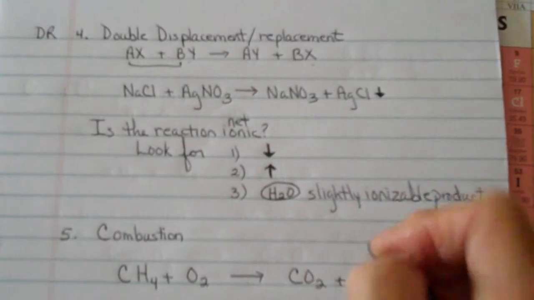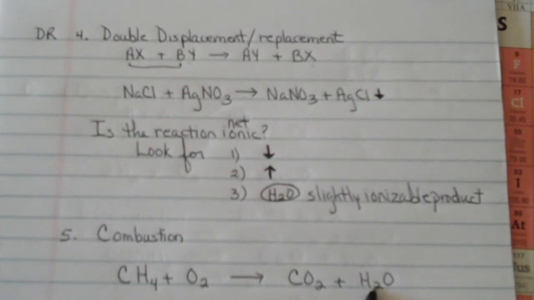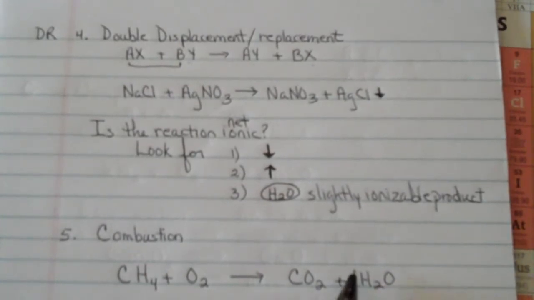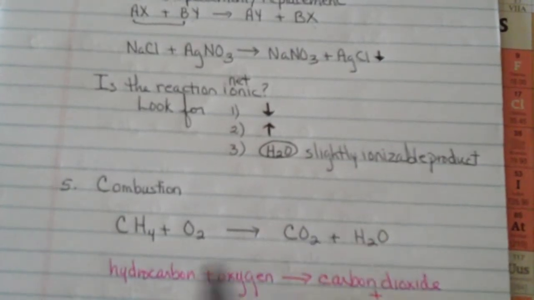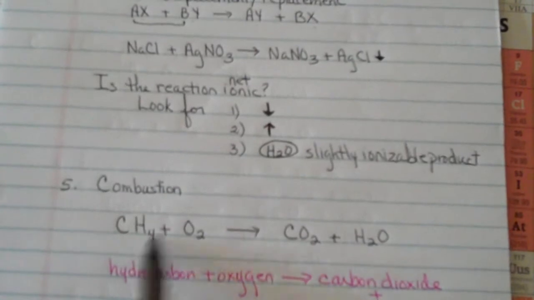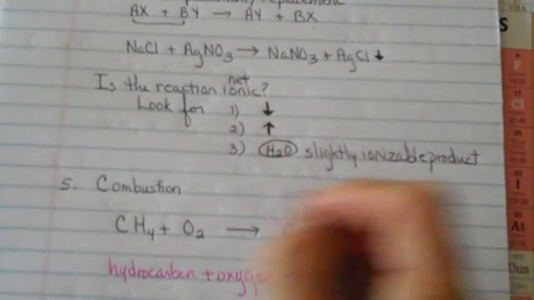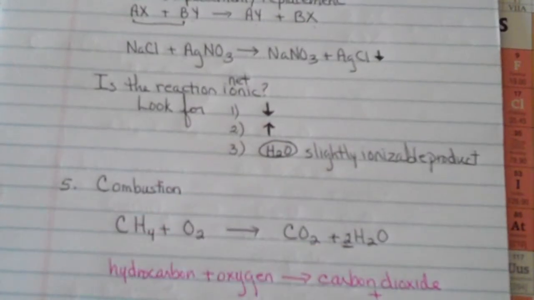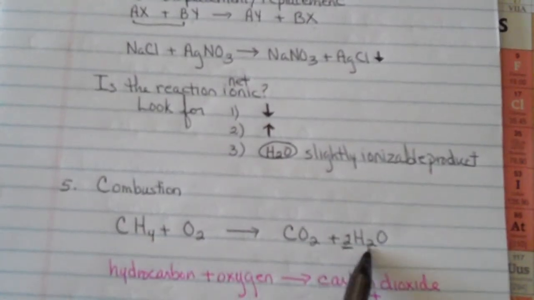So, if you're looking at this type of reaction, these are all good formulas. Now all you have to do is balance. And to balance them, 1 carbon, 1 carbon. 4 hydrogens, 4 hydrogens. You want to leave your oxygens until the last thing, okay? 1 carbon, 1 carbon, 4 hydrogens, 4 hydrogens.